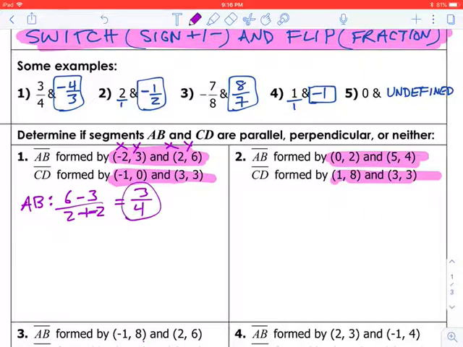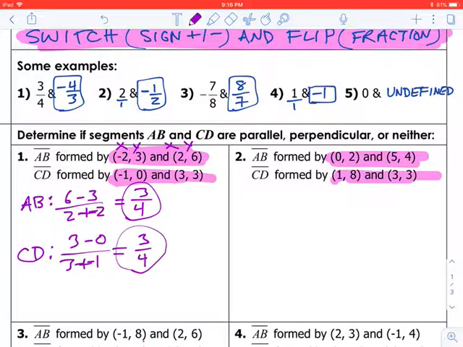For CD, I've got 3 minus 0 on top, 3 minus negative 1 on bottom, which becomes plus, so 3 over 4. In that case, we can say those are parallel.